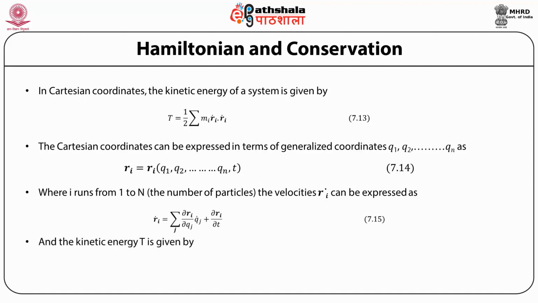And therefore, the kinetic energy in terms of generalized coordinates, with the Cartesian coordinates expressed in terms of generalized coordinates themselves, can be written as T is equal to half mi sigma over j of (∂ri/∂qj qj dot plus ∂ri/∂t) and square of the whole thing.